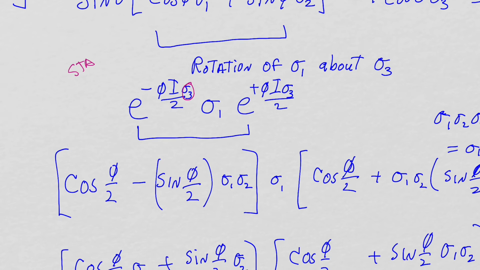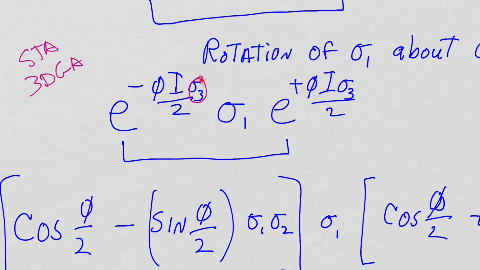But if we look at it in terms of the 3D geometric algebra that's embedded, then we think of this as a grade 1 vector, a regular vector, and this is a grade 3 pseudoscalar, which would be written as sigma 1, sigma 2, sigma 3.